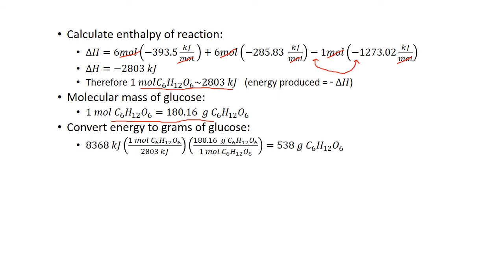And I convert the energy I got on the last page, this 8,368 kilojoules, using these two equivalence relations, again making the ratios such that the units cancel. The first one converts the kilojoules into moles of glucose. The second one converts moles of glucose into grams of glucose, and I get 538 grams of glucose.